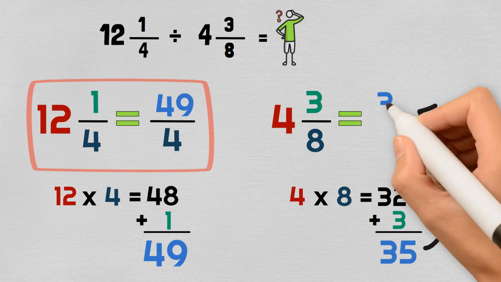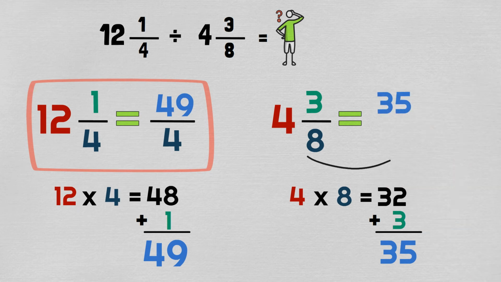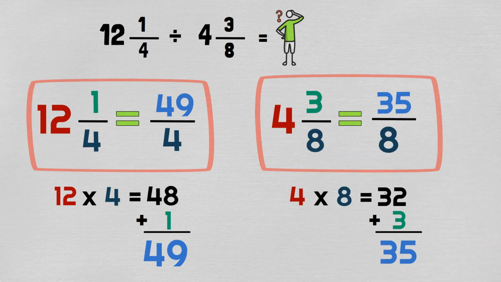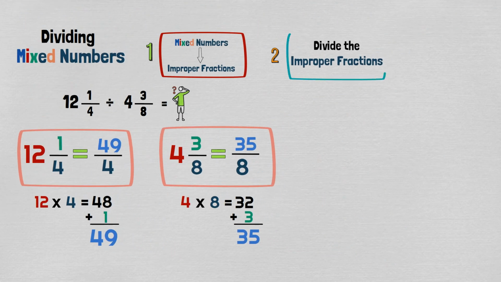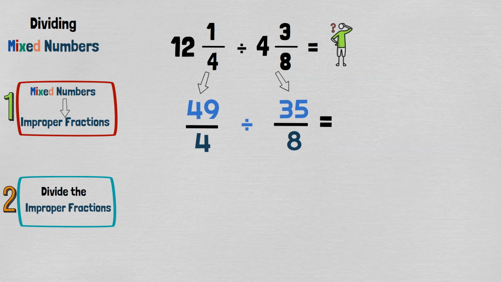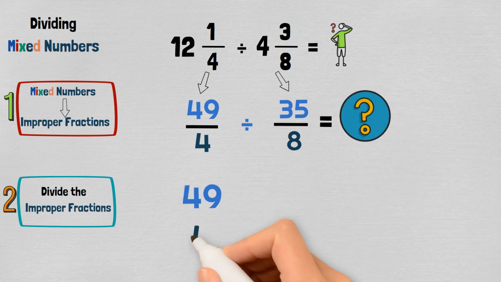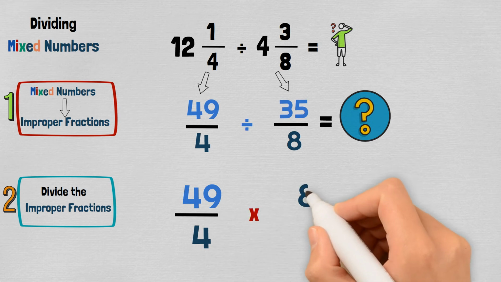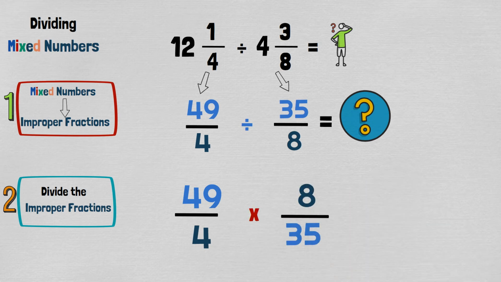We write 35 as our new numerator over our original denominator 8, and we get the improper fraction 35 over 8. Therefore, 4 3/8 equals 35 over 8. Next, we divide the two fractions. 49 over 4 divided by 35 over 8 equals 49 over 4 times 8 over 35.